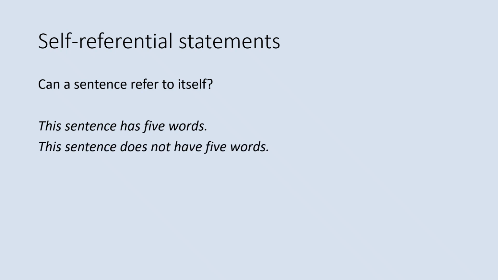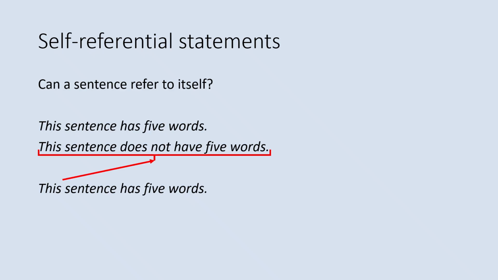Another self-referential statement is "This sentence does not have 5 words." And again, referring to the sentence itself, it does not have 5 words, so that is a true statement. But if we look at "this sentence has 5 words" in context, then it may not be a true statement.